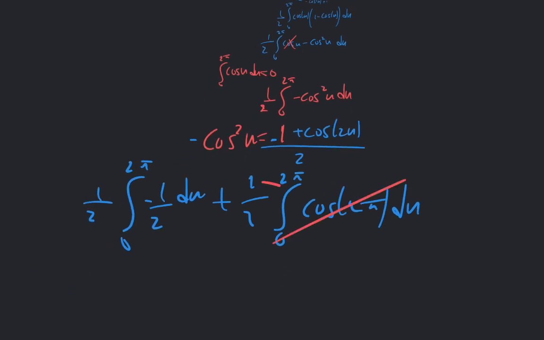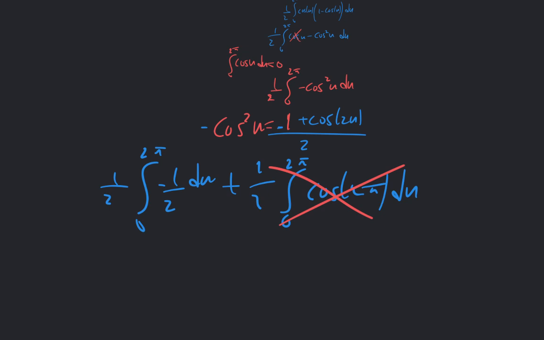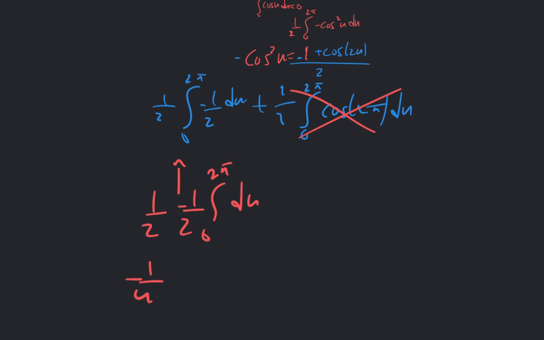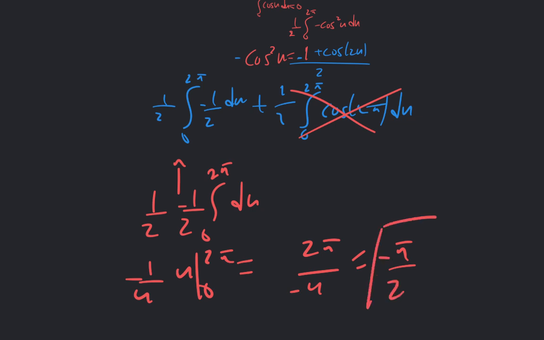And just as before, we're going to cancel that term because it's a trig function. Well, let's just pull the negative 1/2 out here. So minus 1/4 u from 0 to 2 pi, and that's our answer, minus pi halves.